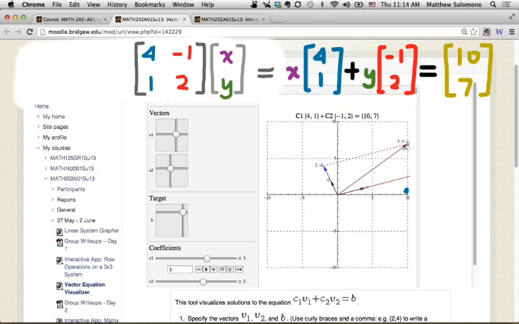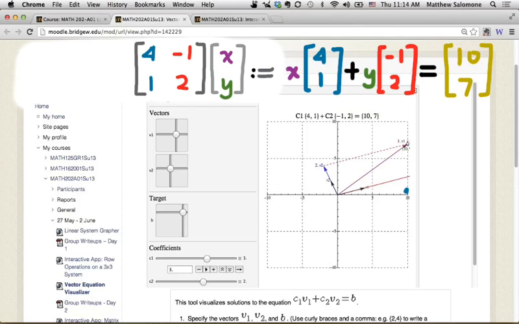And actually, there's nothing more to this than a definition. This is not deep mathematics. This is just saying how we understand the operation of a matrix on a vector. The vector that we're multiplying the matrix by just tells us which linear combination of the columns of the matrix we would like to take.